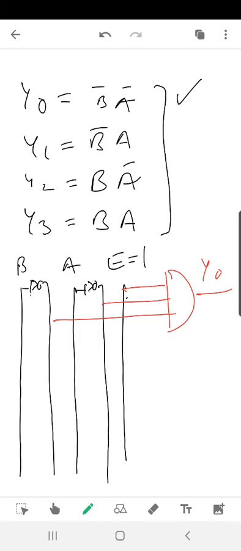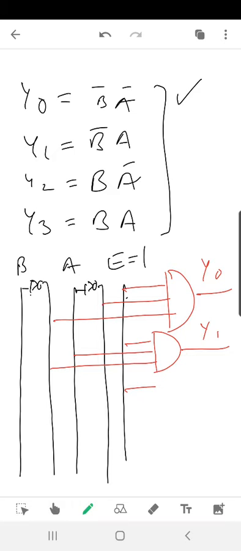Similarly, to draw y1 we require enable, then we require A and B bar. So A will be from here and we will get B bar from here. Again through an AND gate the output will be y1. For y2 we require enable at 1, then we require B and then A bar.